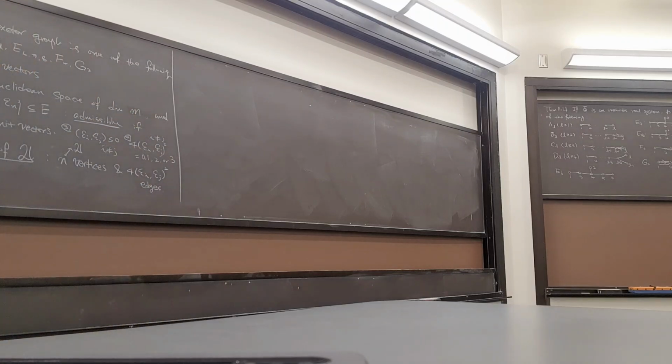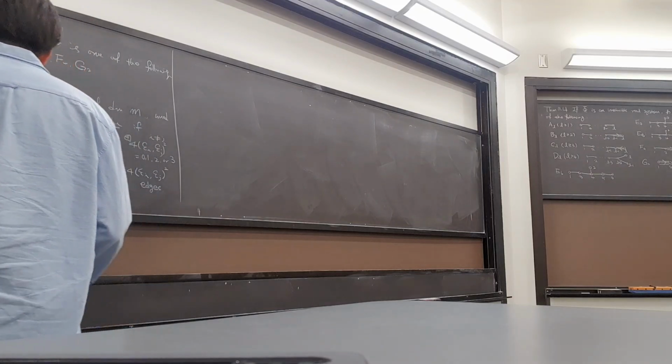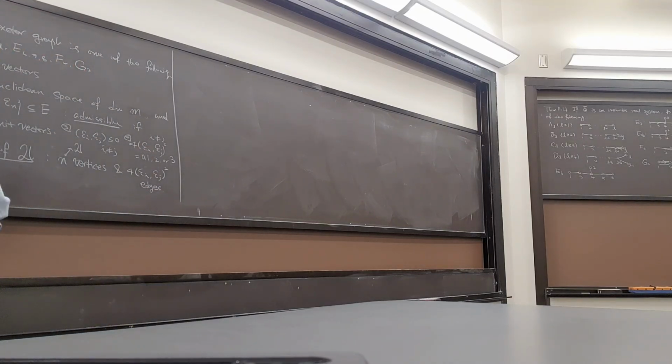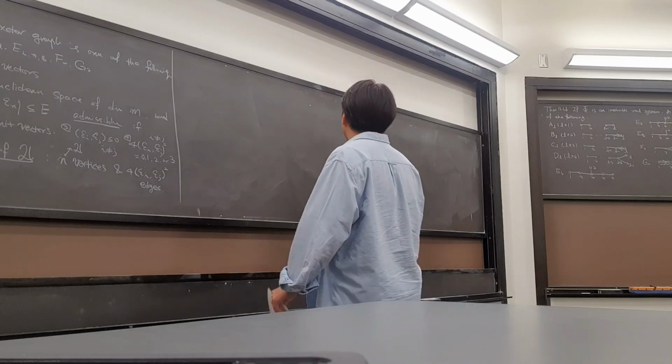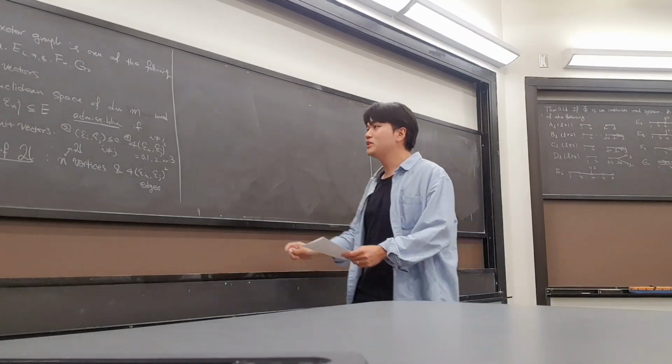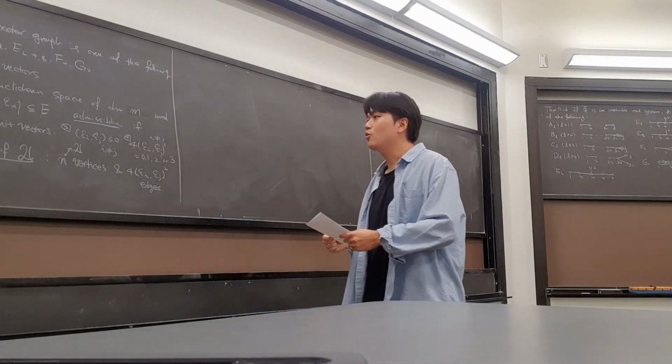So we call this the graph of the admissible subset, right? So this graph is the same as the Coxeter graph.